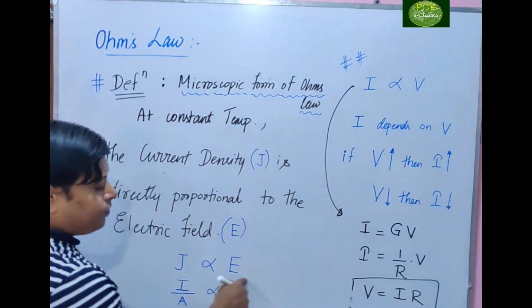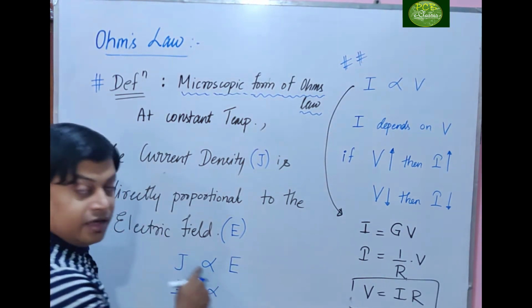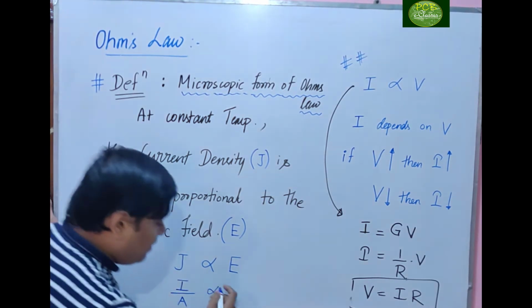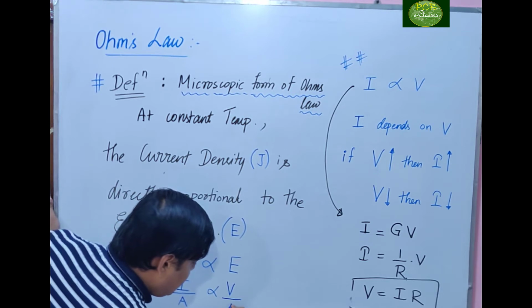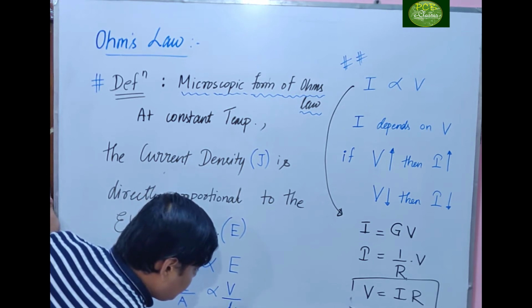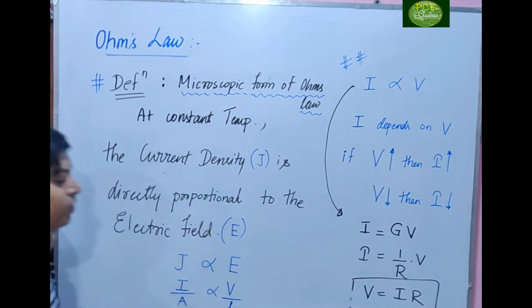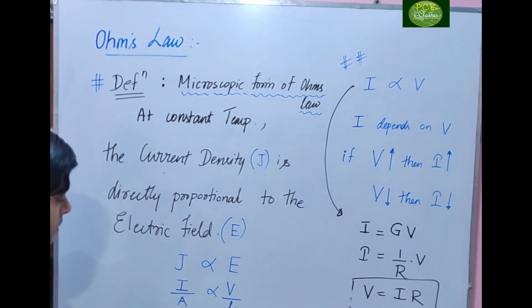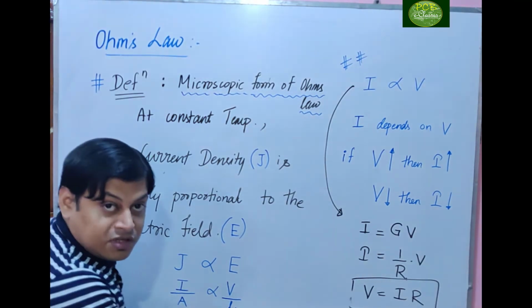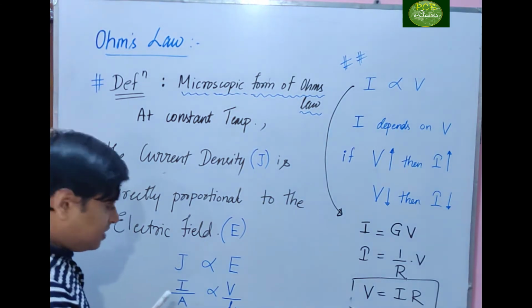Proportional to what am I saying here? E. What is that? Electric field. Electric field is given as voltage per unit length. Fine. That means what? L is constant, A is constant.